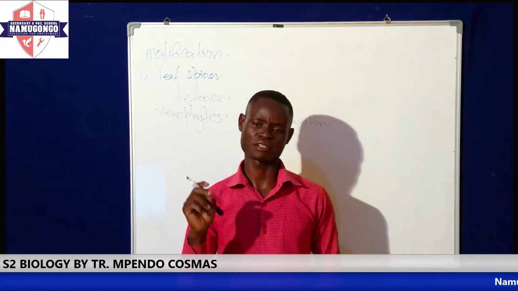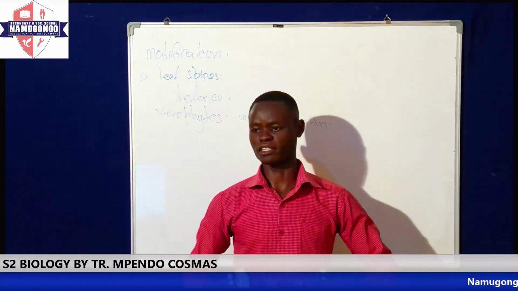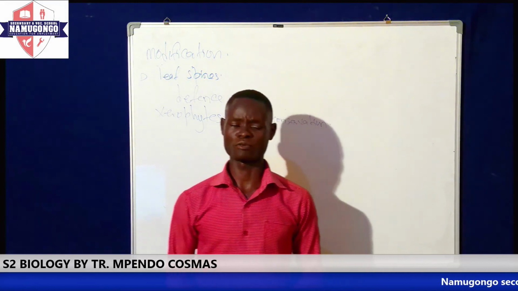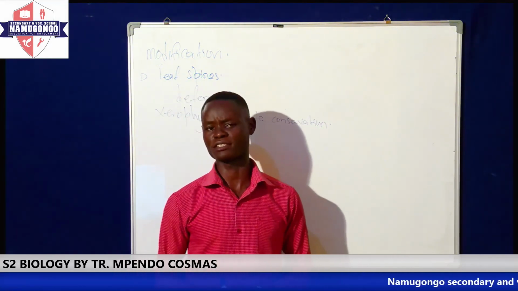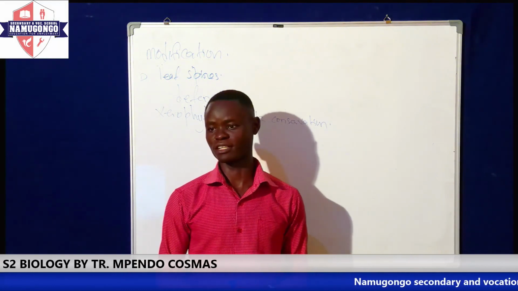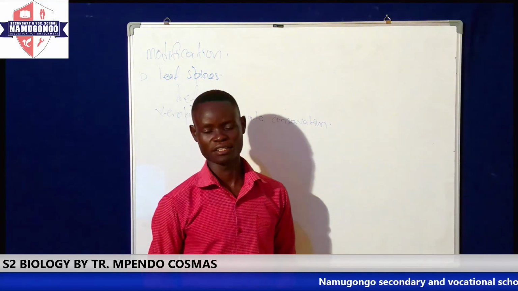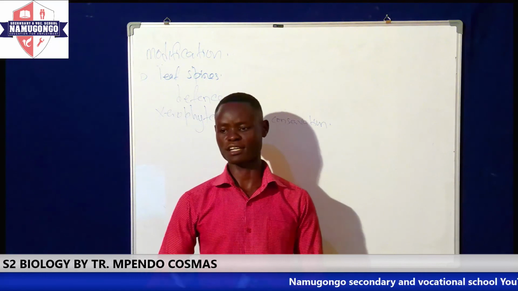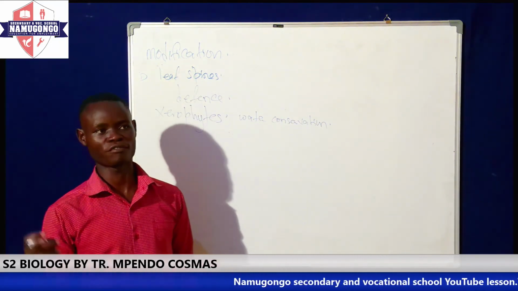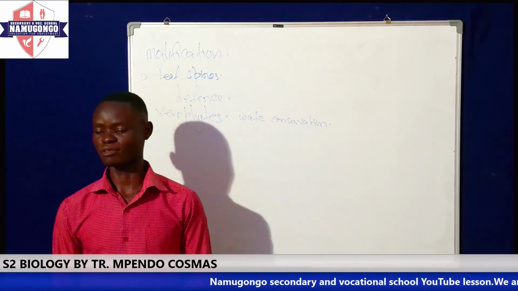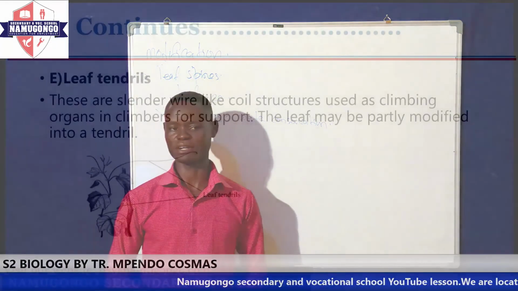They are essentially responsible for giving support. Plants with leaf tendrils are normally those with weak stems, meaning that they cannot support themselves. So they need to seek support from other plants. These plants have leaves which have been modified into tendrils, and the tendrils are for climbing other plants.